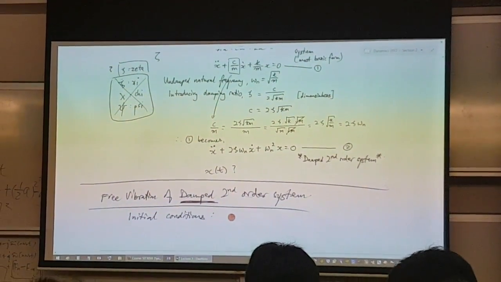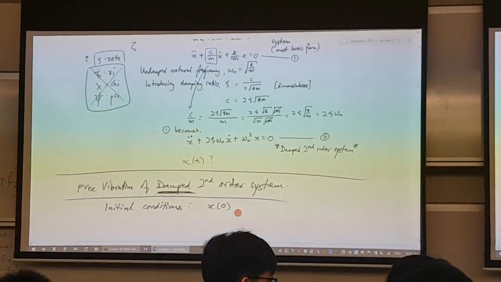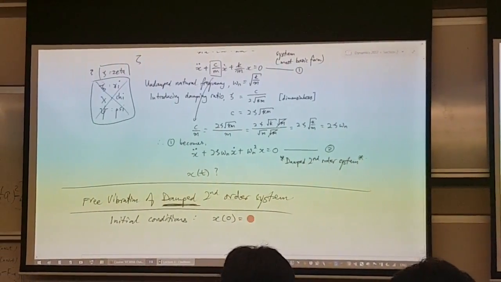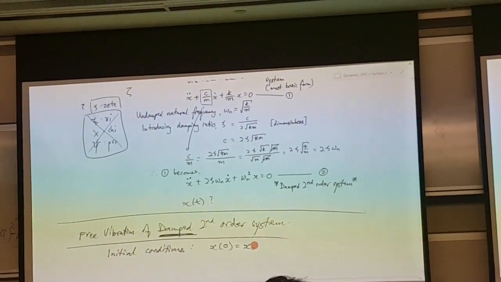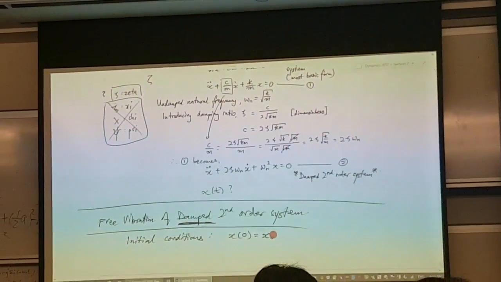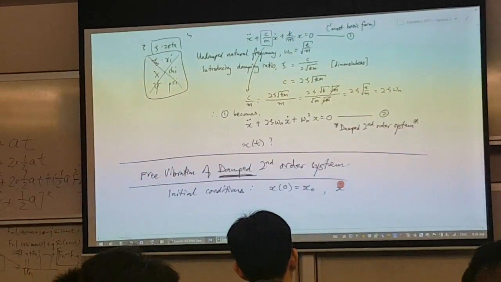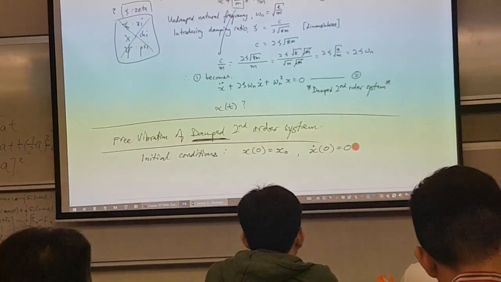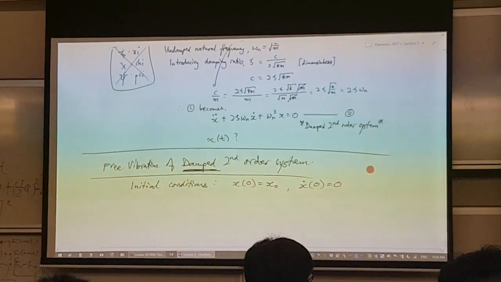The first is the displacement of the mass together with the spring and damper at time equal to 0, which is x naught. You pull it to an x naught value before you release it. That's your initial condition. The other one is the velocity at time equal to 0. Just before you release it, that velocity is equal to 0. These are the two initial conditions.